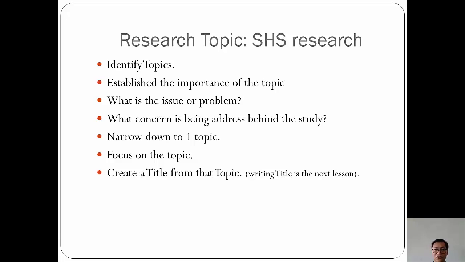Then narrow it down to one. From the identified topics, you can have 3, 4, 5, depending upon your group. After that, you can narrow down into one, and then focus on that topic. Next is to create a title from that topic, which we're going to have next meeting. Writing titles is the next lesson. So, the research topic of your group.